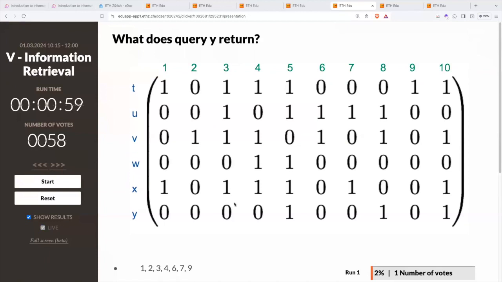Yep, indeed. You can see, I cannot show it because it doesn't project this, but you can basically see, we're in the lecture hall, that Y has a 1 here with document 5, 1 here with document 8, and a 1 here with document 10. Now, what does that tell us, right?